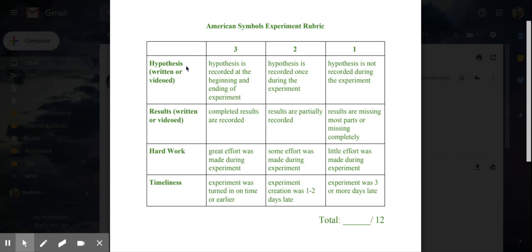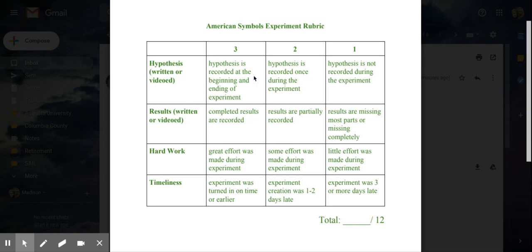Okay, let's think of one that we did. When we did the experiments with the crystals and we put a different amount of salt in our cups, you chose what color you thought would grow the most crystals, either the orange or the blue or the red. So for your hypothesis, you'll get a 3 if it is recorded at the beginning and at the end.